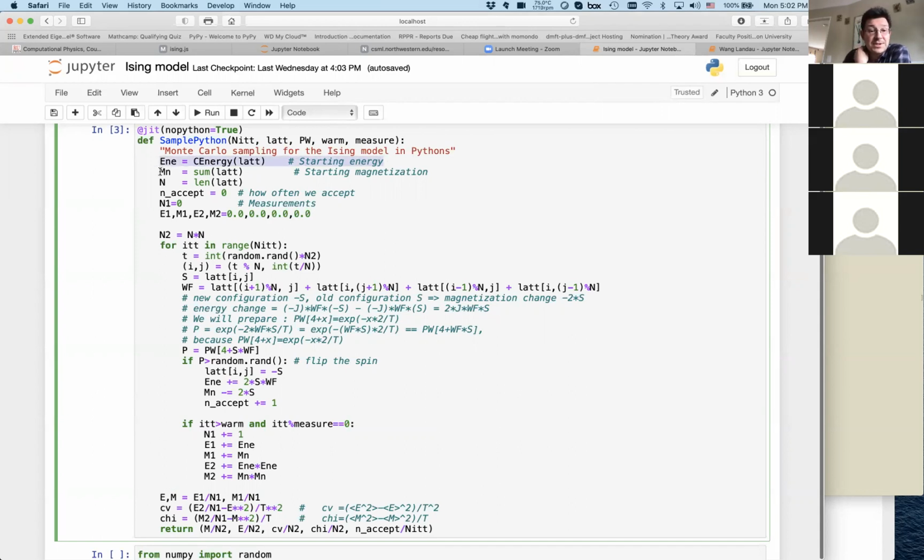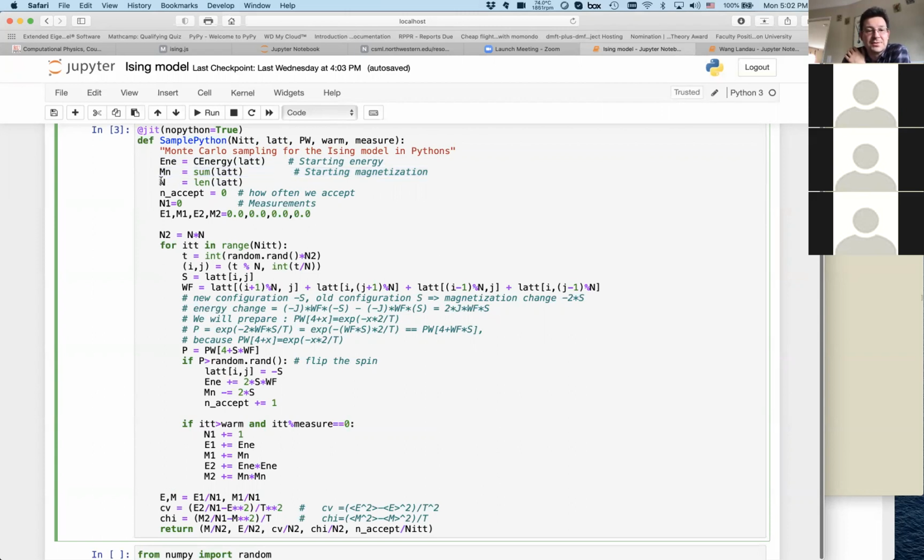Okay, so magnetization we also calculate from scratch at the beginning, but that's really easy because magnetization is basically just the sum over all lattice points of either +1 or -1, which in Python we could just write as a sum of this lattice.